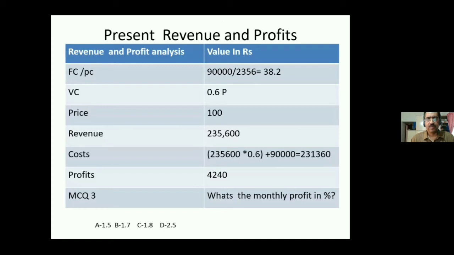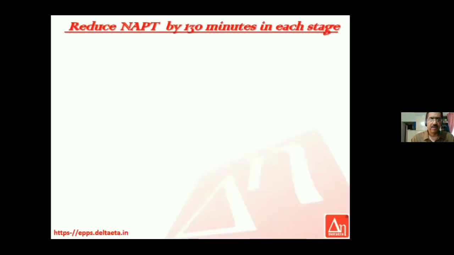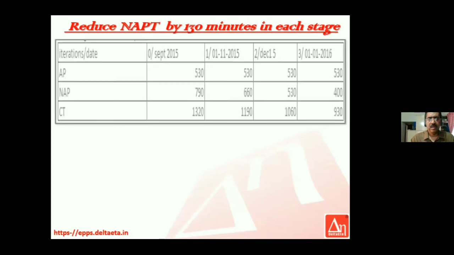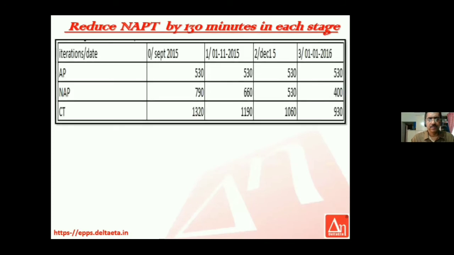So next, what we have to see is how this can be improved by reducing the no action point times so that you increase the output of this factory. Let's say we try to reduce the no action point time in 3 or 4 stages by targeting a reduction of approximately 10% in the no action point times.